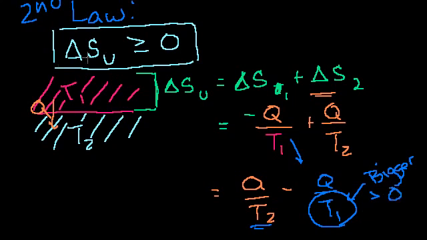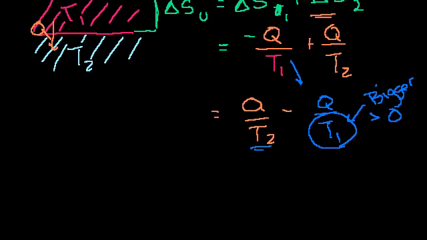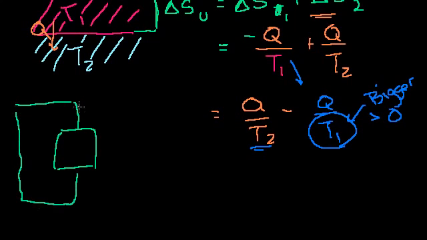So that tells us the second law of thermodynamics verifies this observation we see in the real world, that heat will flow from the hot body to the cold body. Now, you might say, hey, Sal, I have a case that will show you that you are wrong. You could say, look, if I put an air conditioner in a room, let's say this is the room, and this is outside.